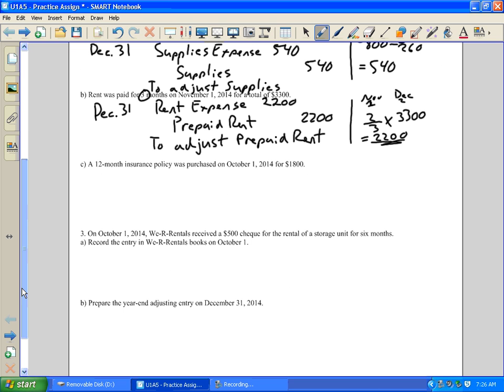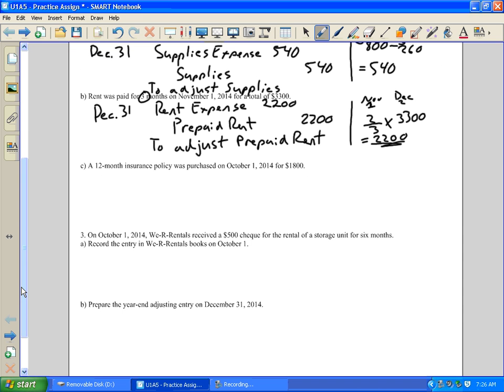Moving on. C. A 12-month insurance policy was purchased on October the 1st, 2014 for $1,800. So again, I'm going off to the side here to do a couple of quick calculations. I realize that all of October, all of November, and all of December has passed. So that's 1, 2, 3 months of the 12-month insurance policy that we've used up.